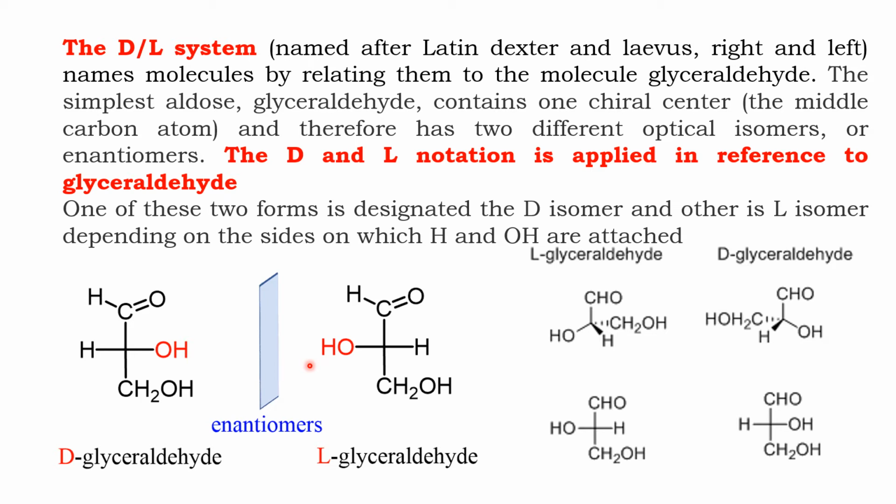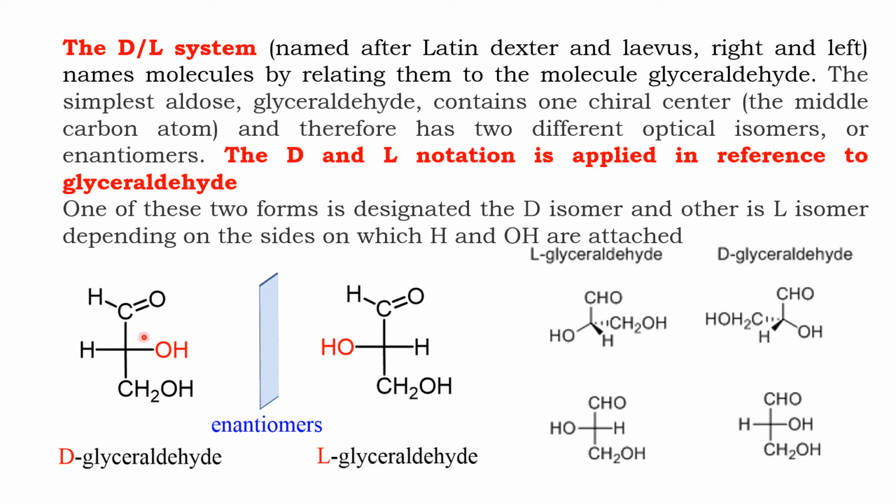For the asymmetric carbon atom, if the OH is on the right hand side, it is designated as D-glyceraldehyde. If the OH group is on the left hand side, it is designated as L-glyceraldehyde. So we have 2 types of glyceraldehyde depending upon the position of the OH group on the asymmetric carbon atom.